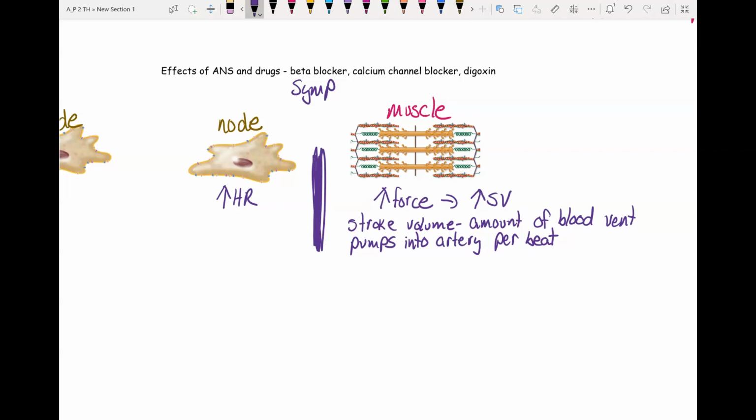Heart rate is the number of beats per minute, and stroke volume is the amount of blood pumped per beat. Students tend to want to use these interchangeably or mix them up, like start off a sentence about stroke volume and then finish the sentence with heart rate. Don't do that. Keep them separate from each other.